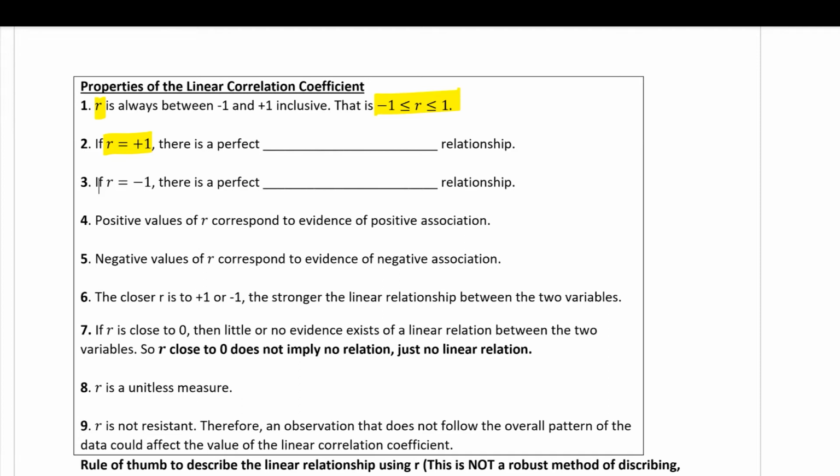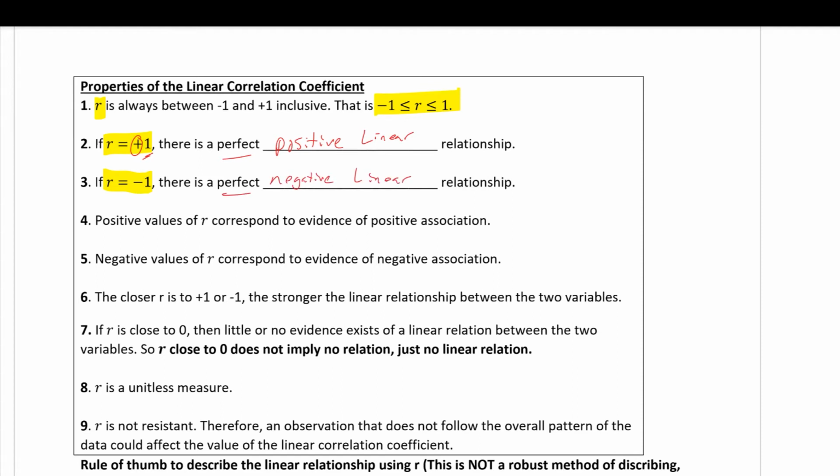We call this a perfect positive linear relationship. Why is it positive? Because it's +1. Why is it perfect? Because it's 1. And if r is equal to -1, again the only way that can happen is if all the data values lie on a straight line, but with a negative slope. So this is a perfect negative linear relationship.